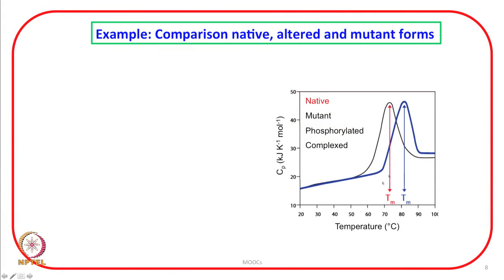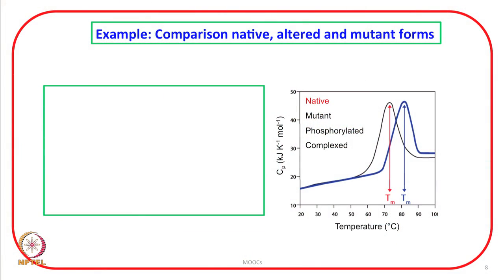In this particular case, the mutation has led to an increase in the thermal stability of the protein. Mutations have given a lot of information about the role of a particular amino acid in maintaining the conformational stability of a protein. Therefore, differential scanning calorimetry of mutated proteins has provided a lot of information about the role of particular amino acids in maintaining the thermal and conformational stability of proteins.